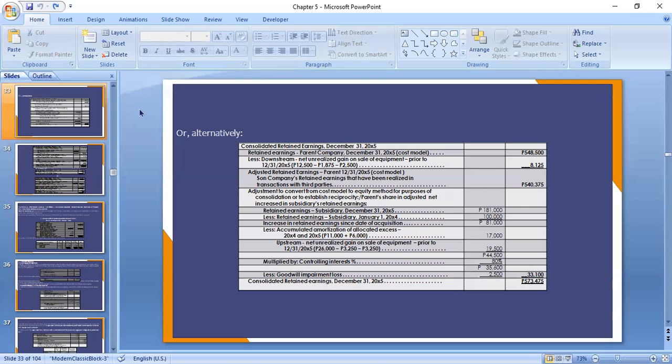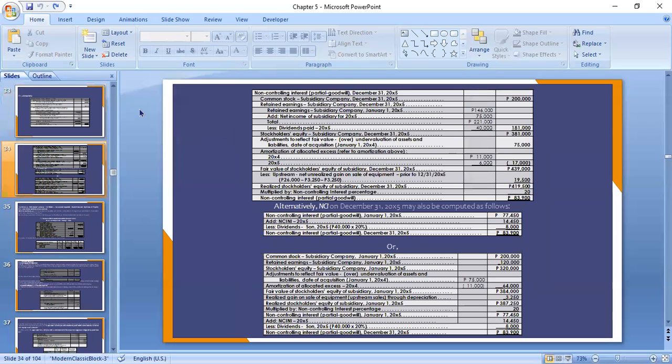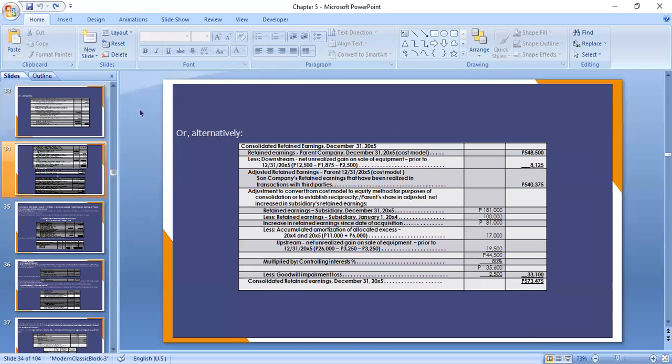And we have the multiplication by the controlling interest percentage. Then we have the goodwill impairment loss, the consolidated retained earnings on December 31, 20x5. Okay, so we have now 573,475.